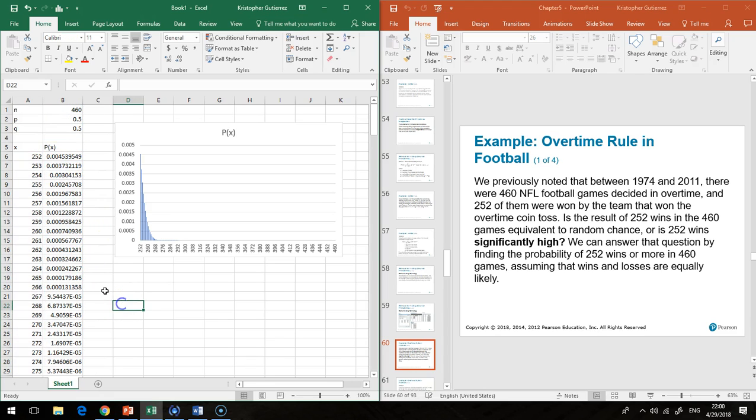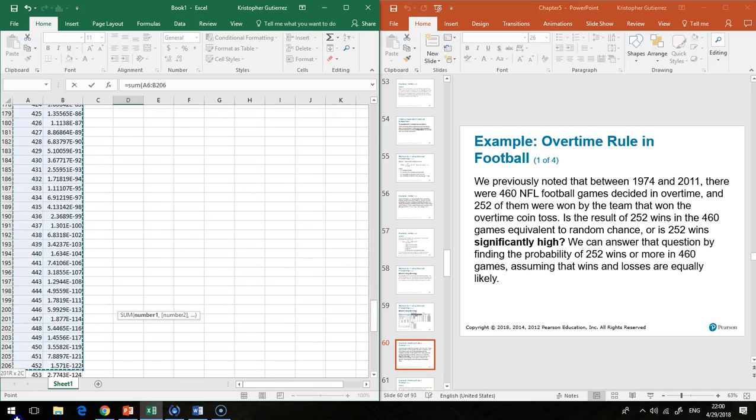All right, so what I want to do is find the total probability of 252 all the way to the top. So this is going to equal the sum of this all the way to 460.